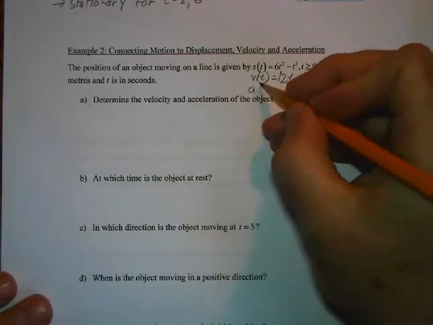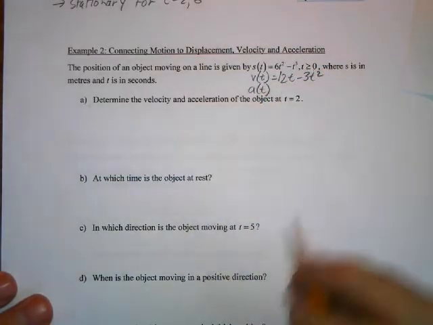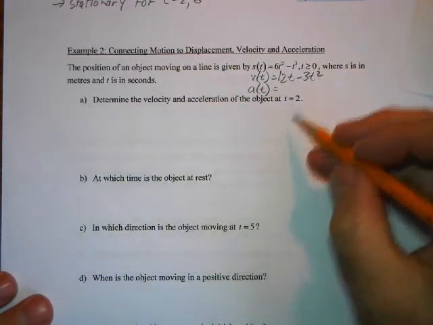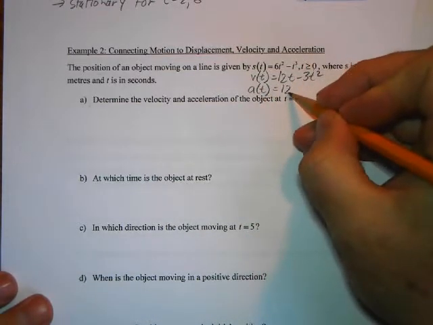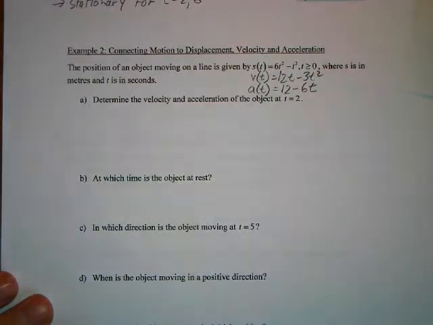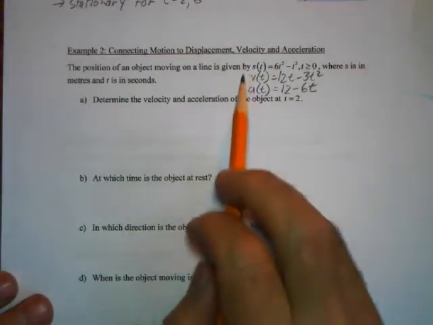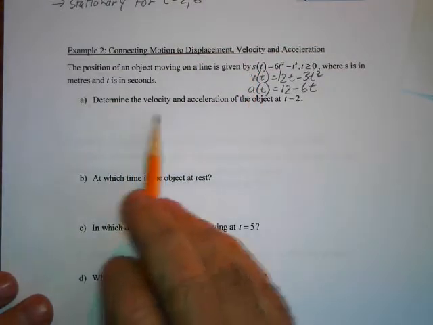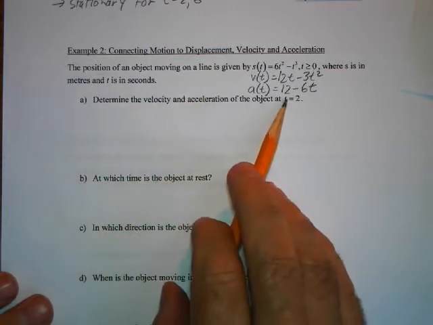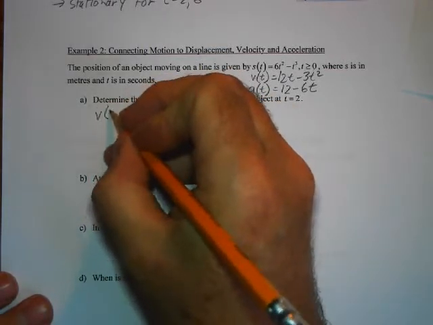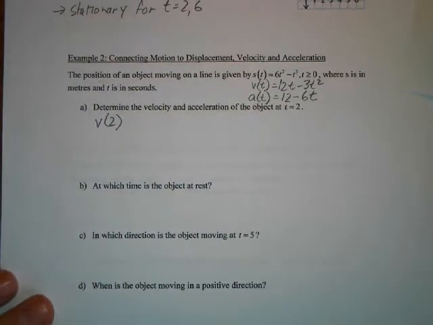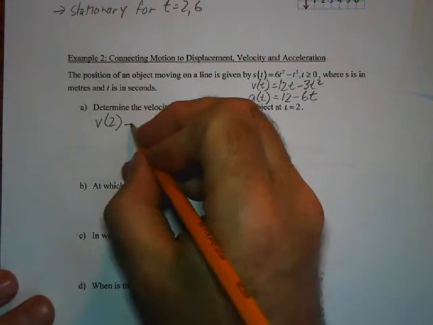I can also create the acceleration equation by taking the derivative of the velocity, and that's going to be 12 minus 6t. So I've got the equations I need for position, velocity, and acceleration. This is asking for velocity and acceleration at t equals 2, so this is basically just plugging in 2 for t in the velocity equation.